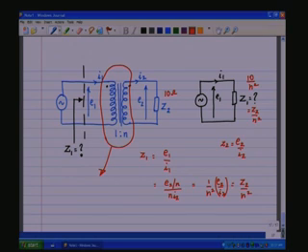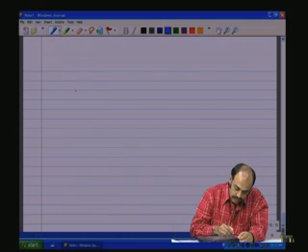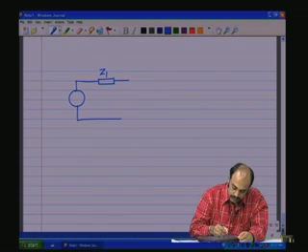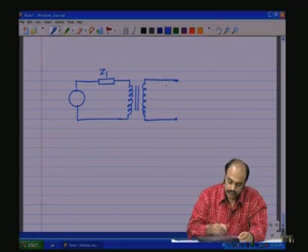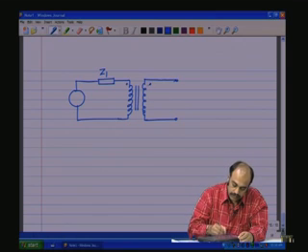Likewise, any impedance on the primary side can be reflected on the secondary side, it is the dual. So, if I have an impedance on the primary side, let us say I have Z1, a dot polarity. Okay.